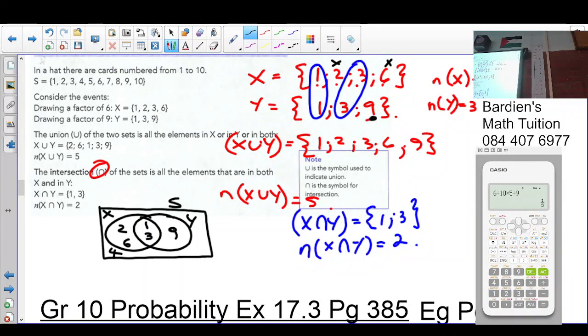Also not there. 6 is here. 7, 8, and 10 are not here. But there are 10 numbers here. Can you see? So all these numbers are now accounted for. The sample space is 1, 2, 3, 4, 5, 6, 7, 8, 9, and 10. So the sample space has everything. Yes, Michael?